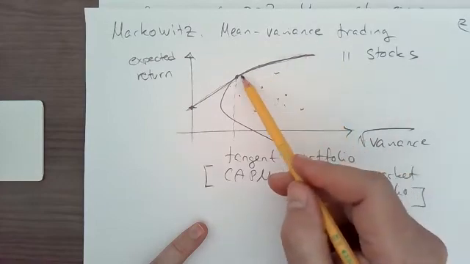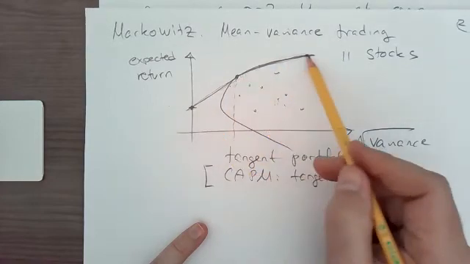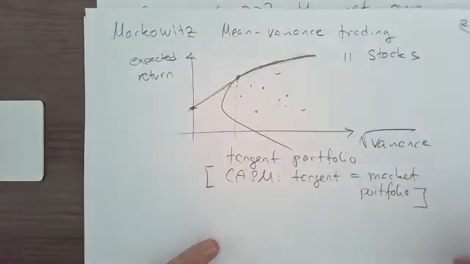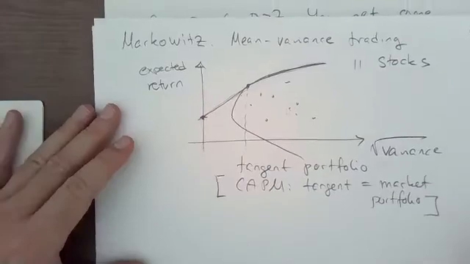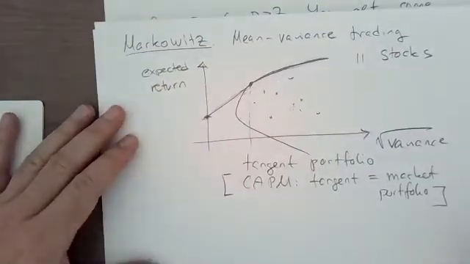So you want to create all these points up here on the top line. And to do that, you need, surprise, surprise, the covariance matrix. And this is what Markowitz realized.